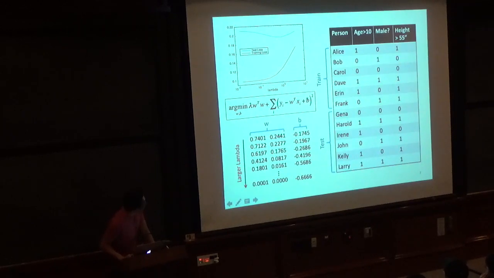I always get confused if it's plus B or minus B, but it's 2/3. The test set, what's interesting here is look at the test set error. As we increase regularization, in this simple example, we're overfitting the entire time by a lot. But you notice that we overfit less as lambda increases.